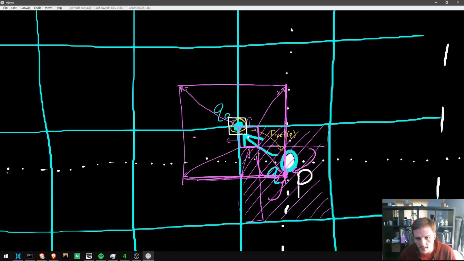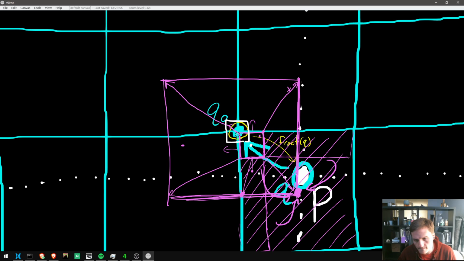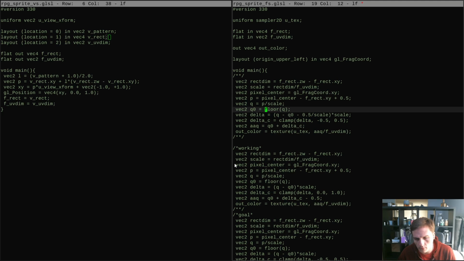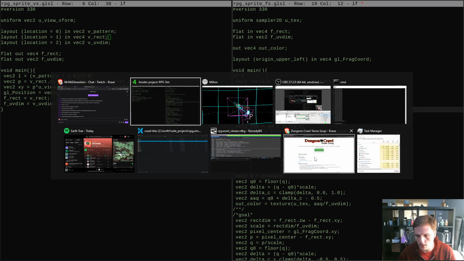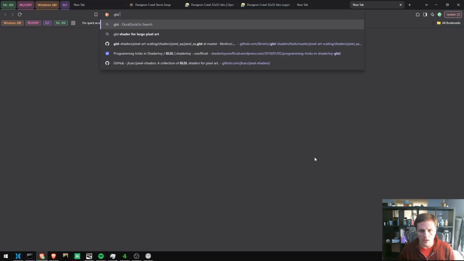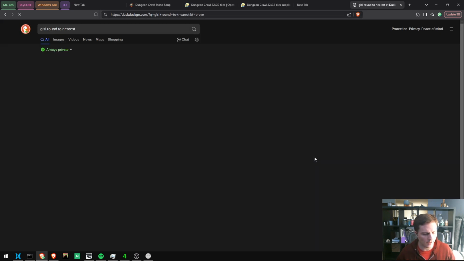What would make most sense is if it was points inside this range. How could it be that way? I mean, that's just round to nearest, right? Is there a round? Like not floor or ceiling, but nearest? GLSL. Round to nearest.